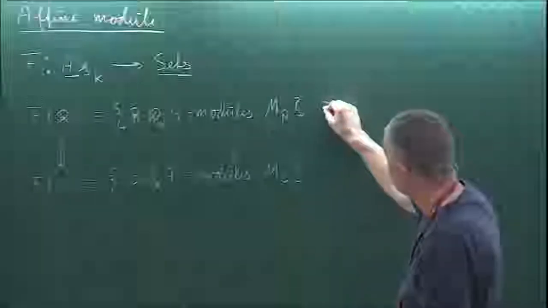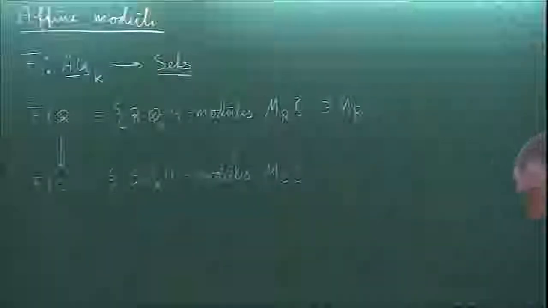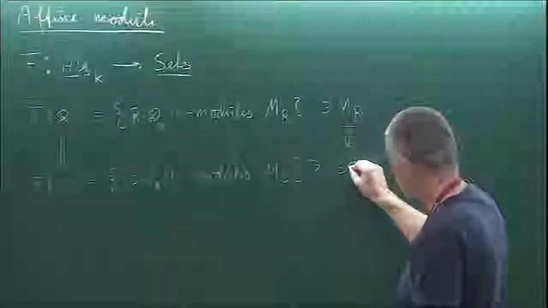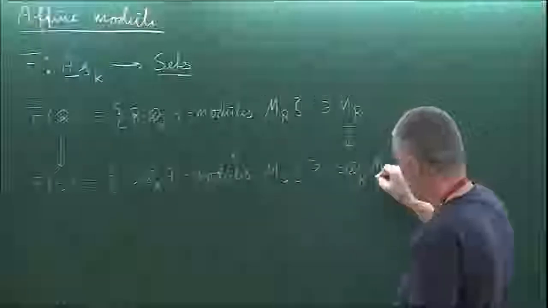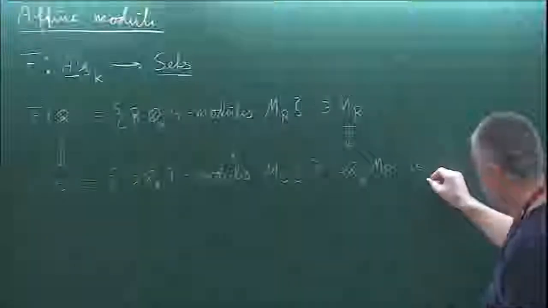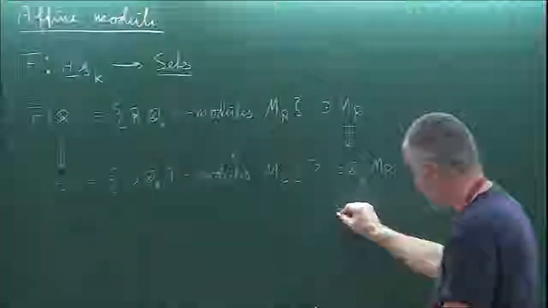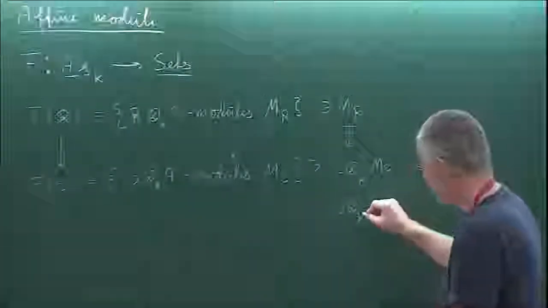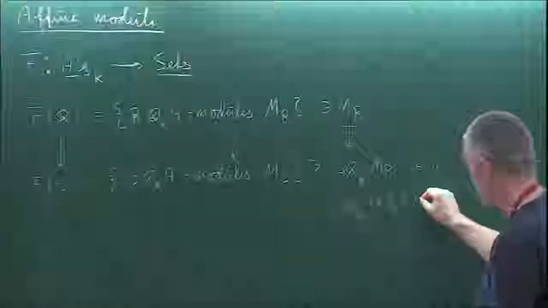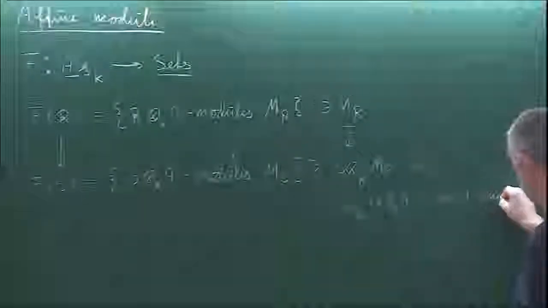This takes the module, or one module, M_R, living up there, and sends it down to S tensor over R M_R, which is also, then I can take, it is an S tensor over R, and M_R was an R tensor over K A module, which is an S tensor over K A module.